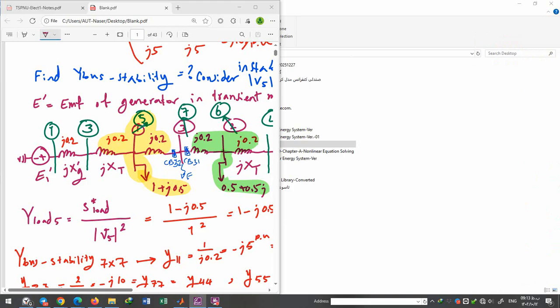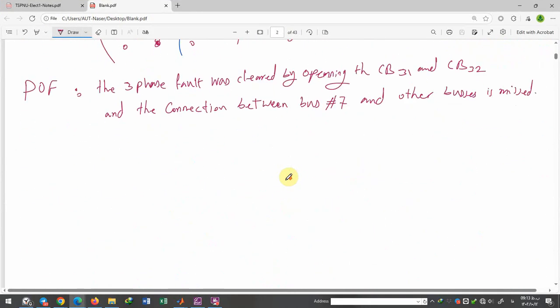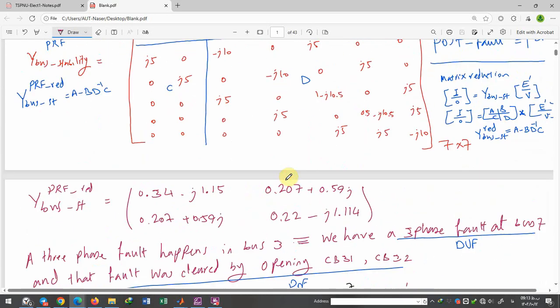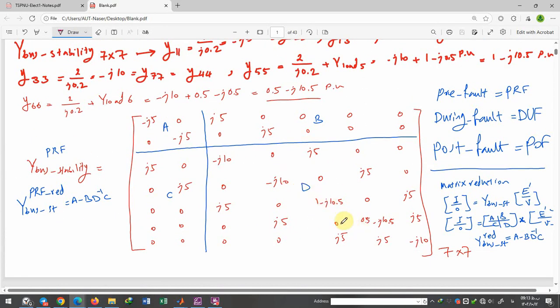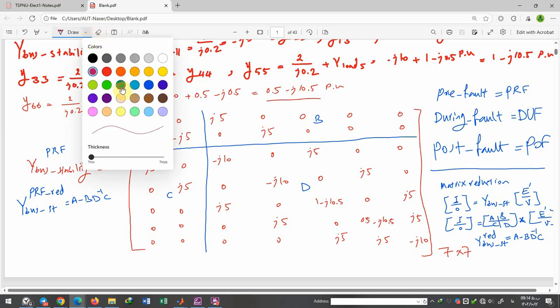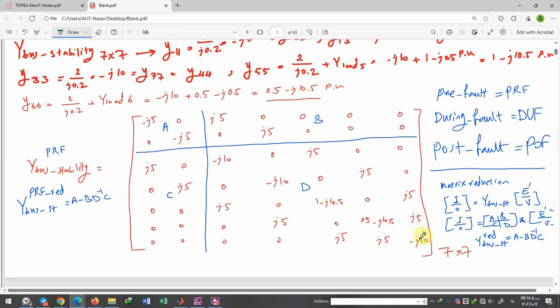So in this Y bus stability pre-fault, we have to make some corrections in some arrays. Y77 would be 0. Y55 is changed.